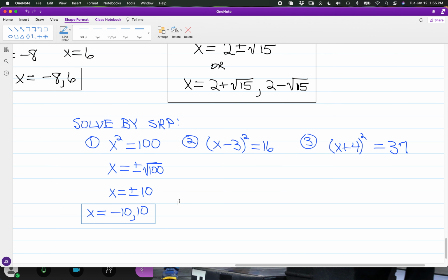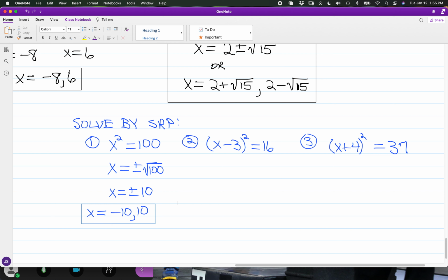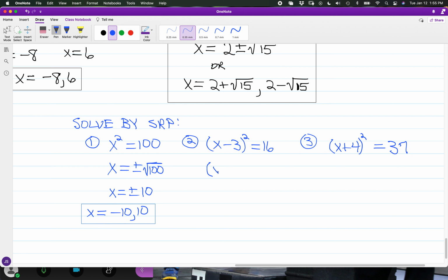Okay, and for the next item, we have the square of x minus 3 equal to 16. So if I go from second to first degree in x minus 3, you have x minus 3 is equal to plus or minus the square root of 16.